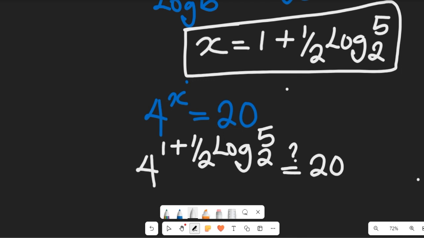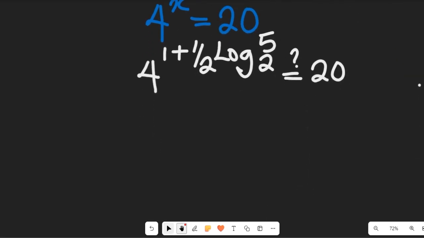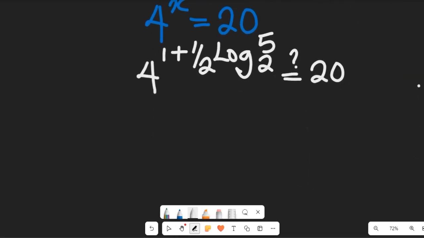Let's check this out. If we simplify this using the principle of indices, remember this law of indices: if you have a to the power of x plus y, this can be equal to a to the power of x multiplied by a to the power of y, right?